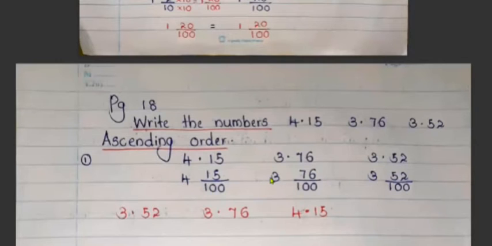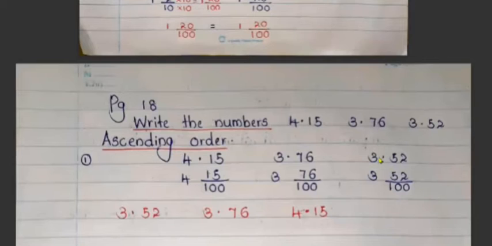Here 4, 3, 3. 4 is the largest. So we have to write it at last. Now we have to think about these two fractions. Here 3 whole number, here also 3. Now denominators are equal. Numerator here 76, here 52. When you consider these two numerators, 52 is smaller than 76.